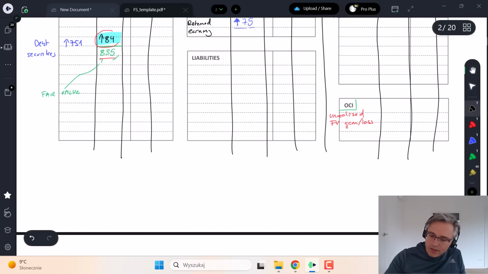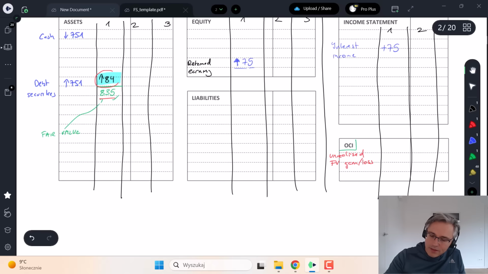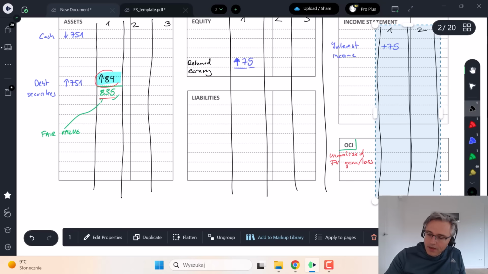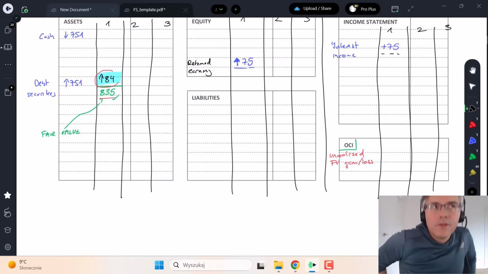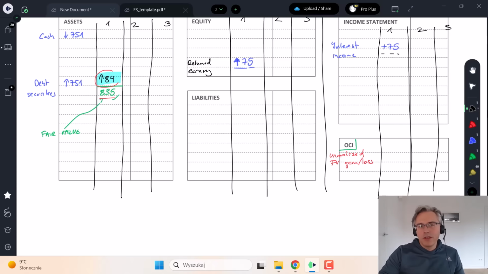So if you've already taken 75 of interest income, and I appreciate that this may be extremely abstract to you because, after all, we are talking about a zero coupon instrument, which doesn't generate a current coupon, but we still compute interest income from the so-called unwinding of the discount on it using that constant YTM, yield to maturity.